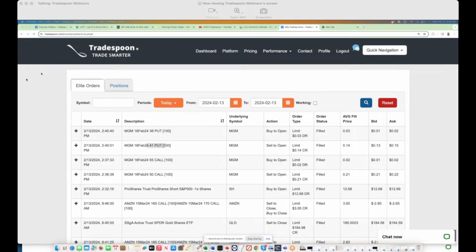Okay, now I'm in. All right, so the MGM short put trades at 41, and I can close it. Let's try to break even on the put and close.